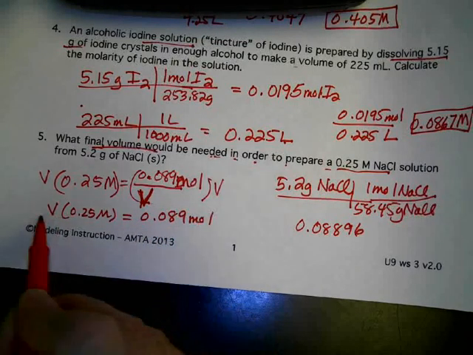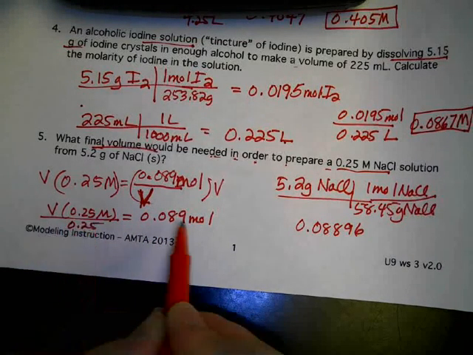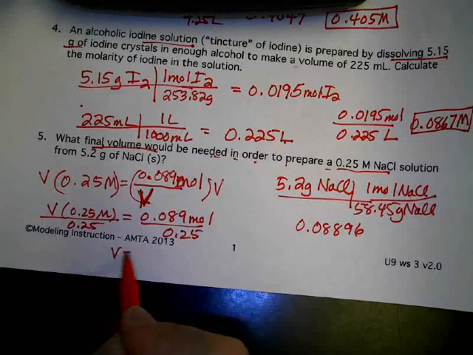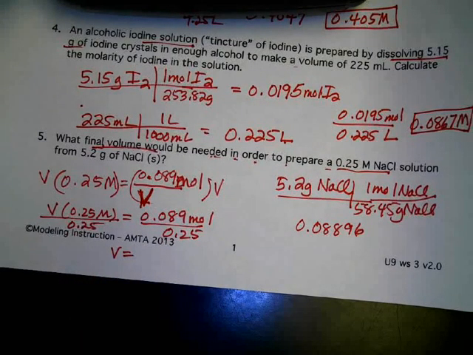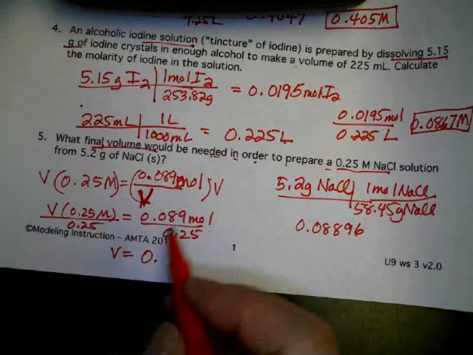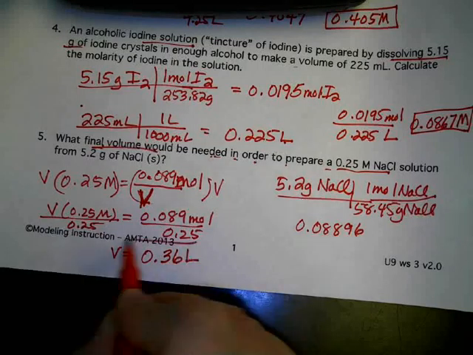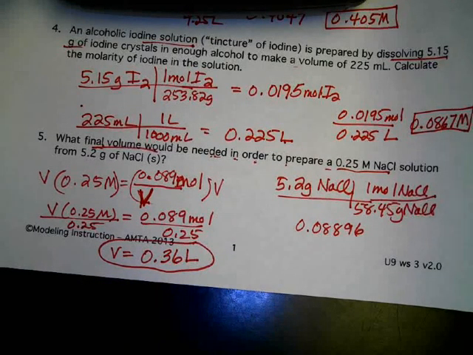Then I'm going to divide both sides by 0.25, and V will be equal to 0.089 divided by 0.25. That's still 2 sig figs, so 0.36 liters of solution is what I need.